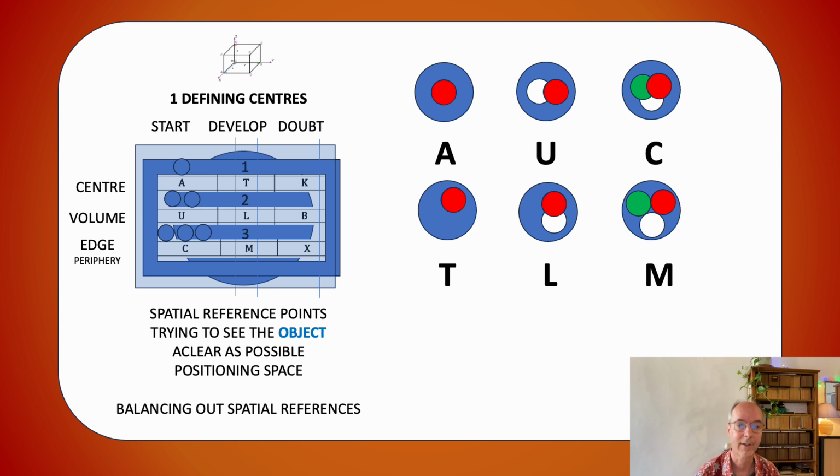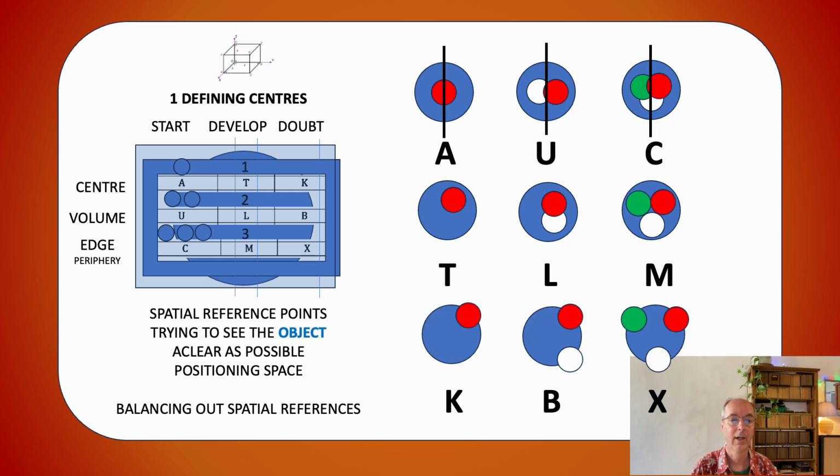So I have the T. With the number 2 I have the L, and with the number 3 I have the M. It's all about the material in 1, 2 or 3 positions. Very simple actually.